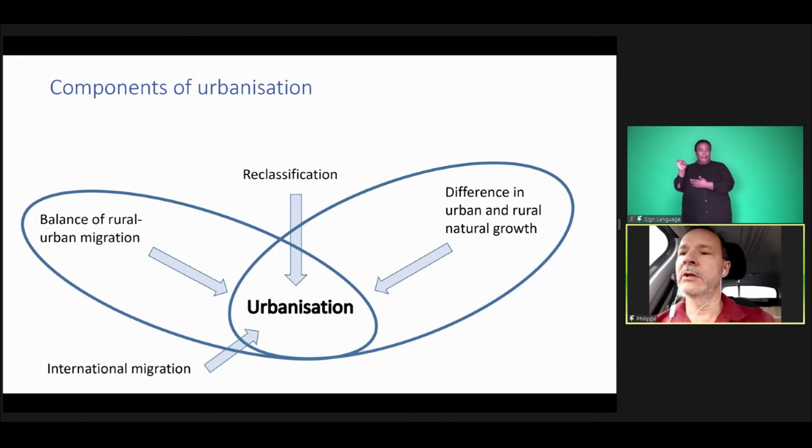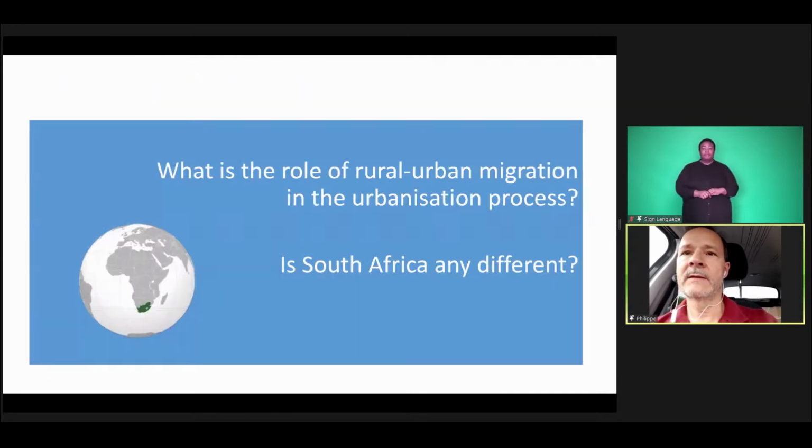But we won't dwell too much on this matter today. So what is the role of rural-urban migration and net migration on the urbanization process? And a side question will be, is South Africa any different in that matter?